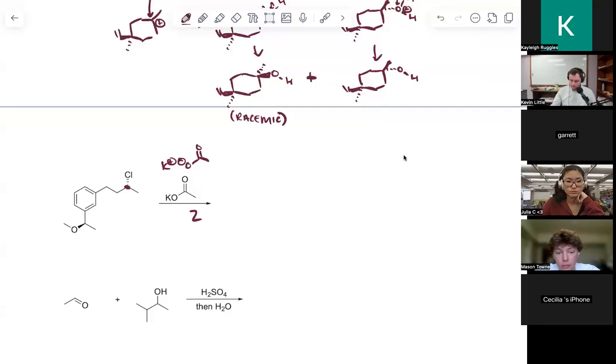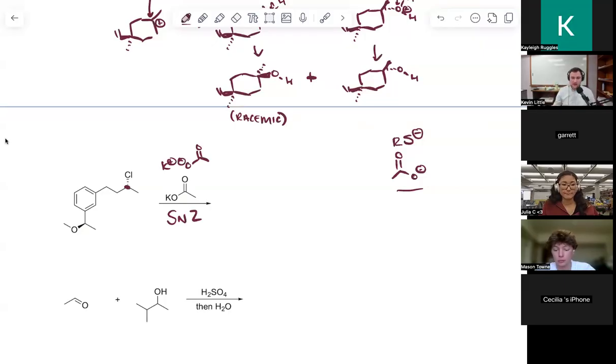And then one thing that comes up pretty often is that these tend to be better nucleophiles than bases. So if you see something that looks like this, a negatively charged sulfur, or a negatively charged carboxylate, which is just a deprotonated carboxylic acid, we're looking at a substitution, even on a secondary.